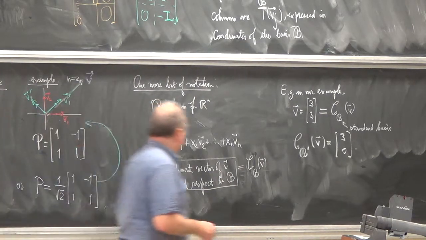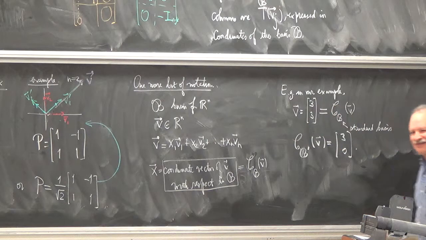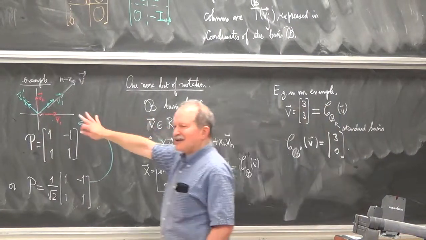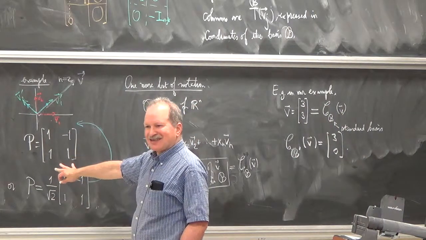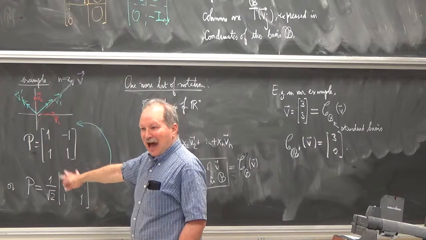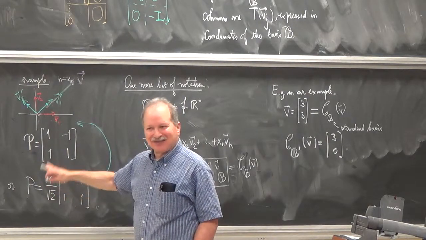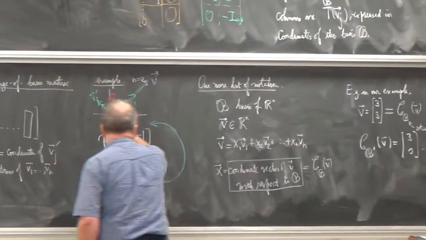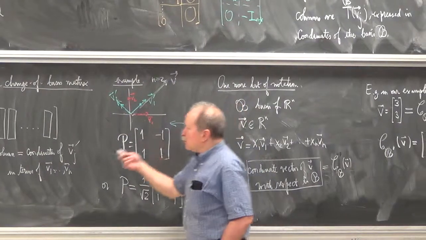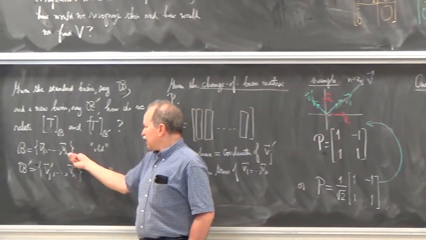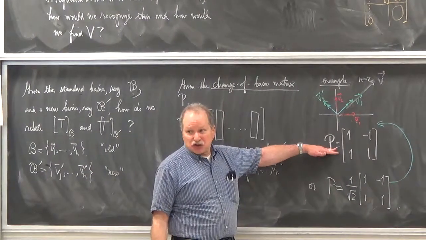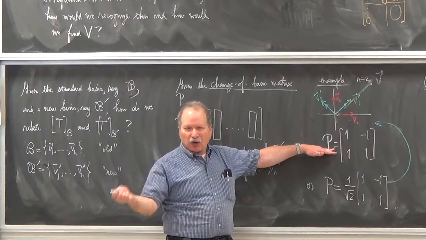We don't have any linear maps yet. All I've done so far is coordinates with respect to a basis. Now I'm going to put in matrices of linear maps. All I've done so far is say, if you have two bases, say the old and the new, you talk about the change of basis matrix, which goes from old to new.